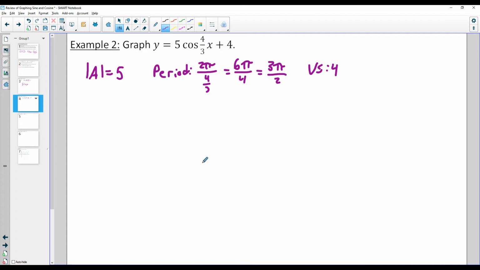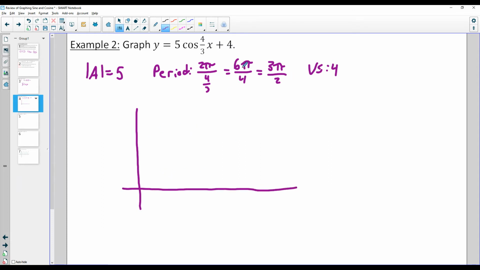And thinking about that vertical shift, if we move up 4 and our amplitude is 5, we're going to need a lot more space above than we are below. We are going to need a little bit below, but I am going to make most of my space for up top.